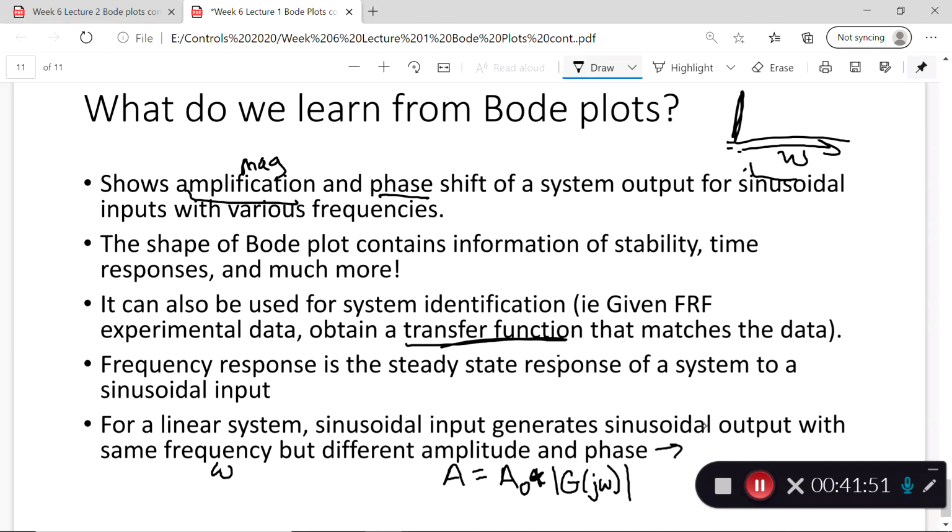And my phase will change by adding the phase angle of my transfer function. So my total output at steady state, remember, became amplitude times the magnitude of G(j omega), sine of omega t, omega didn't change, plus whatever phase angle your transfer function ended up having for your frequency. Okay, that's the end of this video lecture.